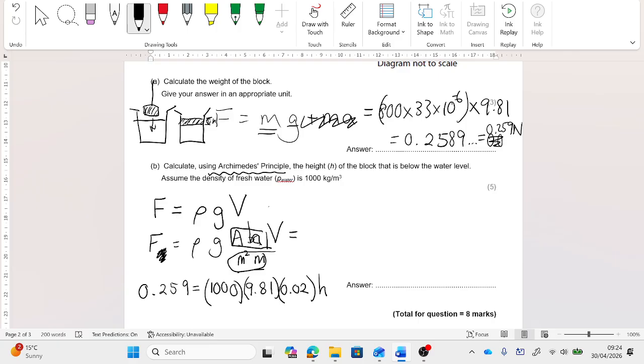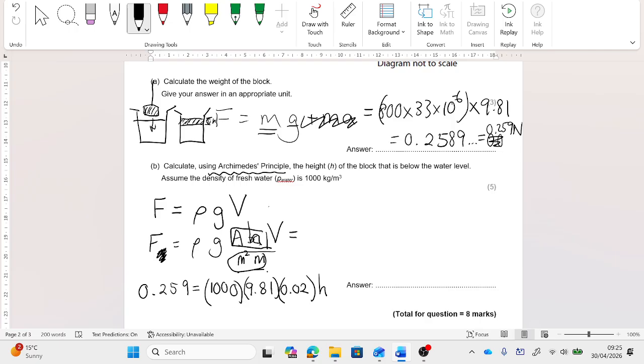Now, I've had some students get stuck with this, which I think is really weird. If you don't have confidence in maths, you could have just multiplied those three numbers to make a coefficient of h. Then you will see that you just have to divide by the coefficient, right? But when you write it like that, some of my students get stuck and don't know how to rearrange the formula.